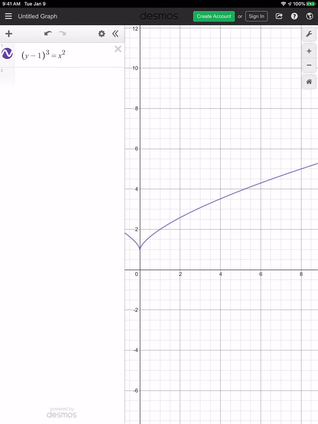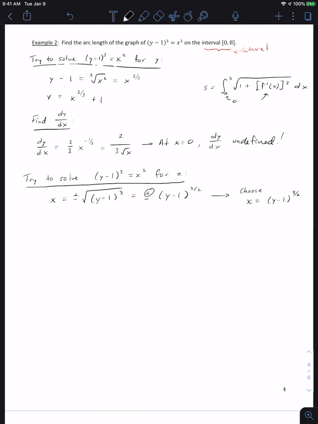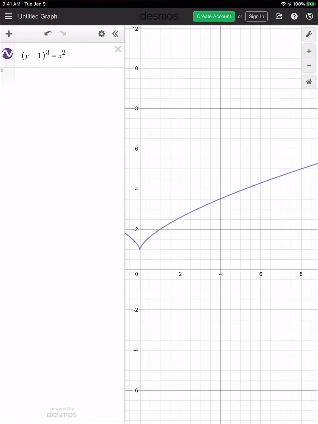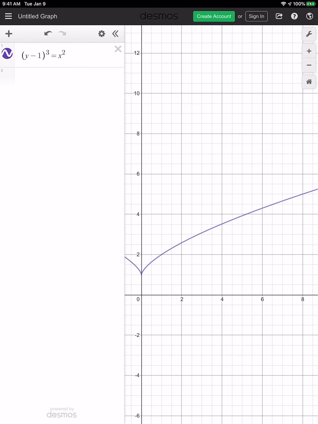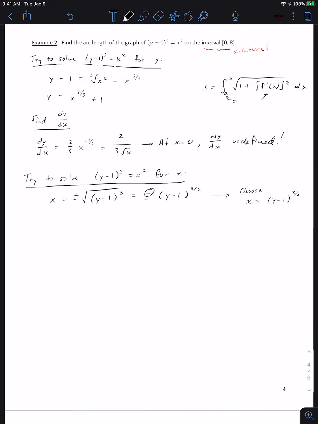We want the integral from the x value 0 to 8. Notice from the x value 0 to 8, I have positive y values, right? In this case, actually, I have positive y values in both cases. But in this case, I have positive y values, so I am allowed to choose the positive one, right? So this is my function.